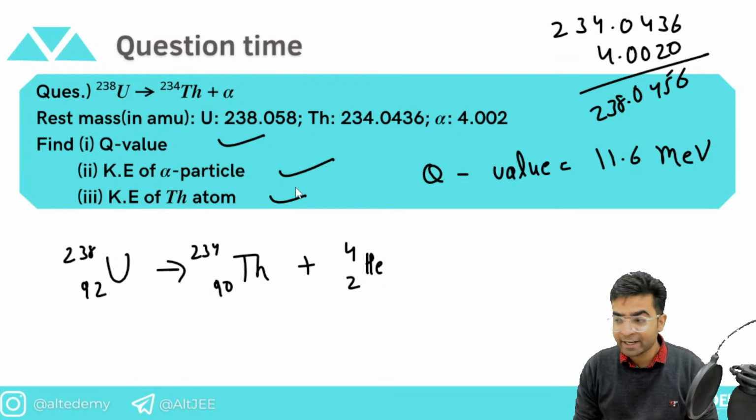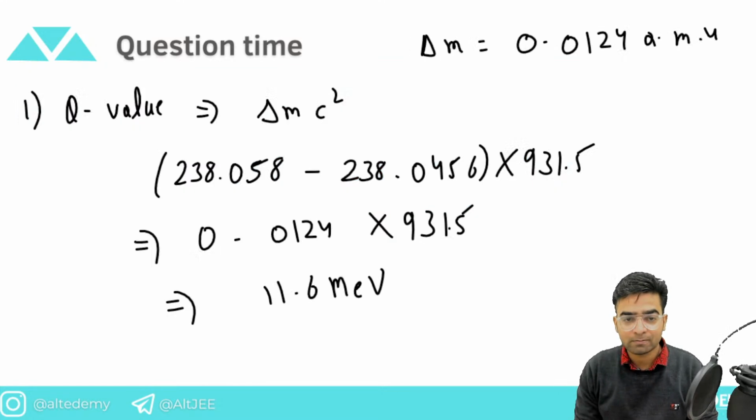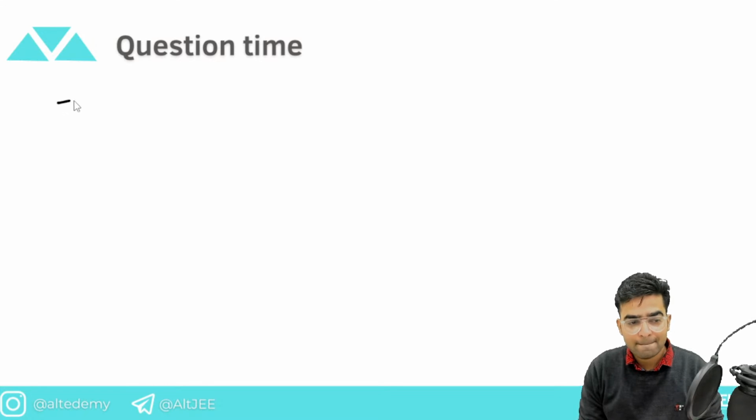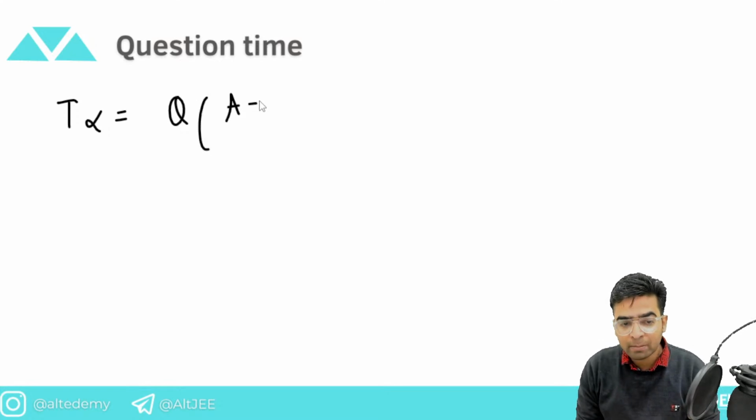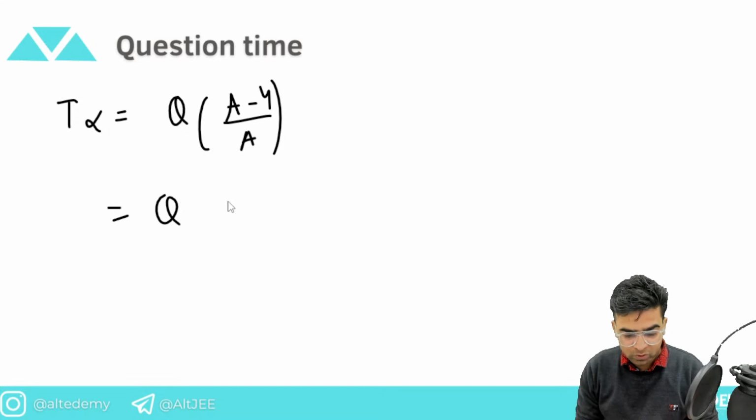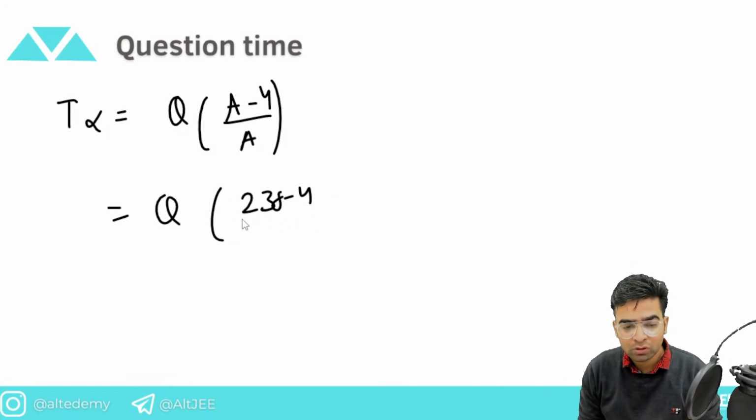Second question: the kinetic energy of the alpha particle. T alpha is Q times (A minus 4) by A. This is easy. So it will be Q times (238 minus 4) upon 238.